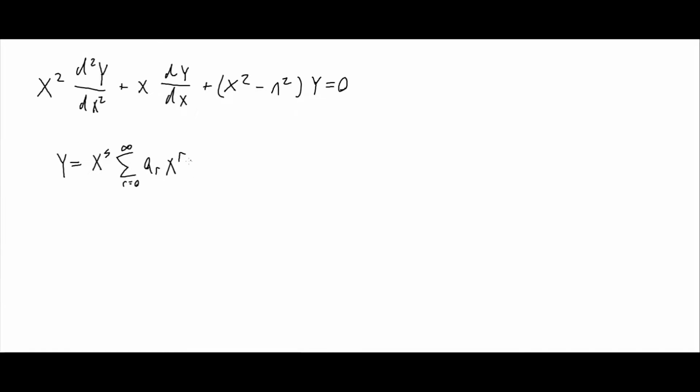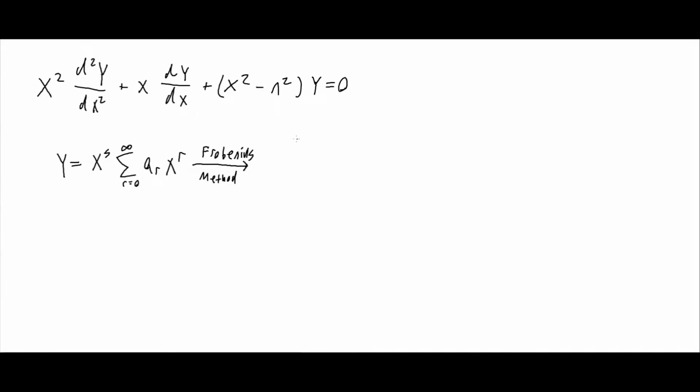This is the form that we are assuming it will be in, and that will allow us to use the Frobenius method. I do have a video where I go into how to do the Frobenius method, so I'm not going to go through the whole thing here.